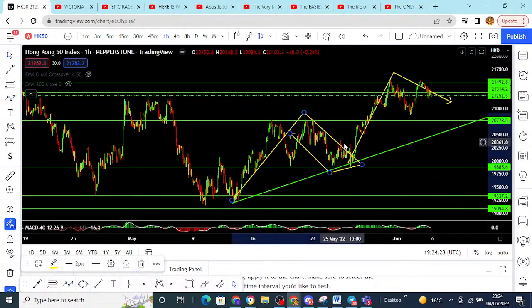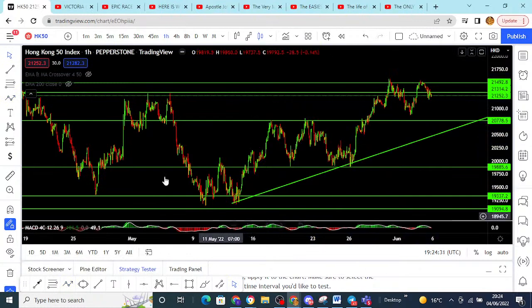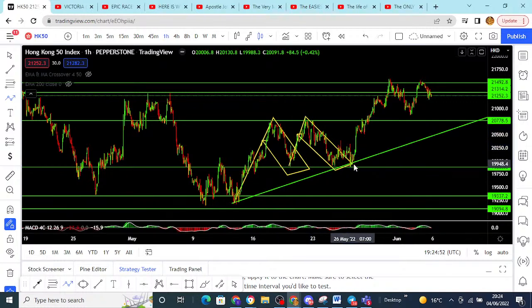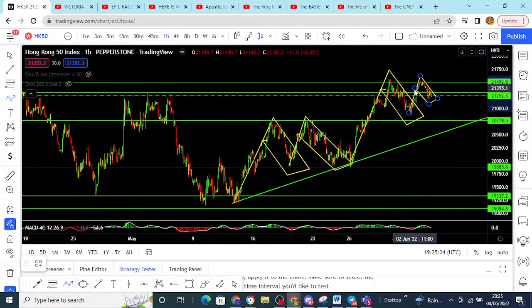So if I remove this and attempt to construct a new flag, we can begin to see that the market was making higher highs, and it's still making higher highs, but as at the last time that the market went up, the higher high was round about the same.